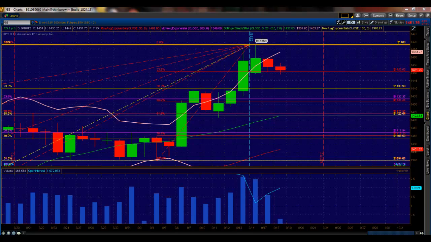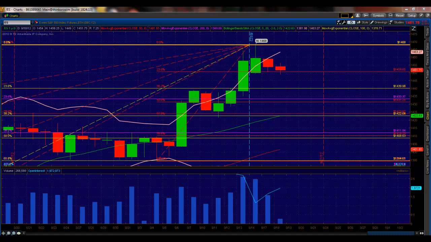So the key for me today is whether we can get below that retracement, or whether that red line is going to prove to be support. The jury is still out on that. If the 1450.5 does prove to be support, then we could move back up to 1463 and test the upper Bollinger Band again.